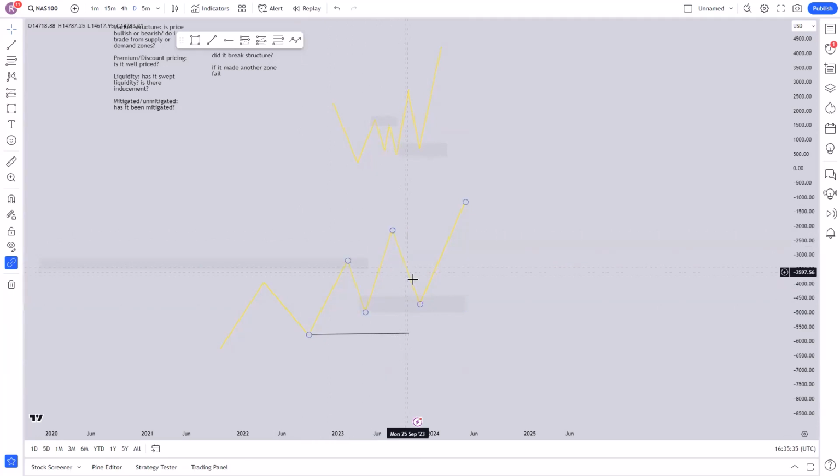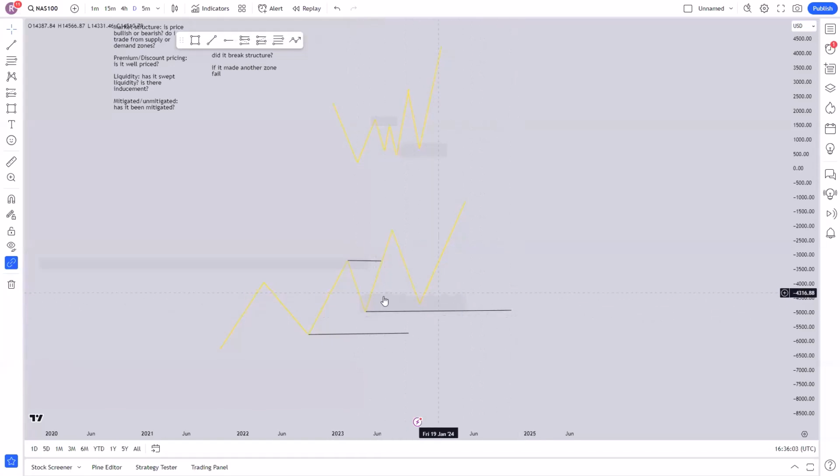So once we tap into this demand zone, remember, there's money here. They want to protect their money. Let's forget about demand and supply right now, just market structure. This low caused a lot of money to break this high. So we've got a break of structure there. This low now has money there.